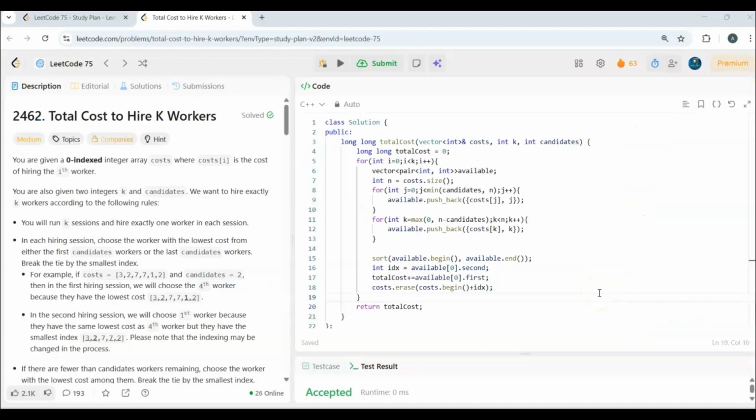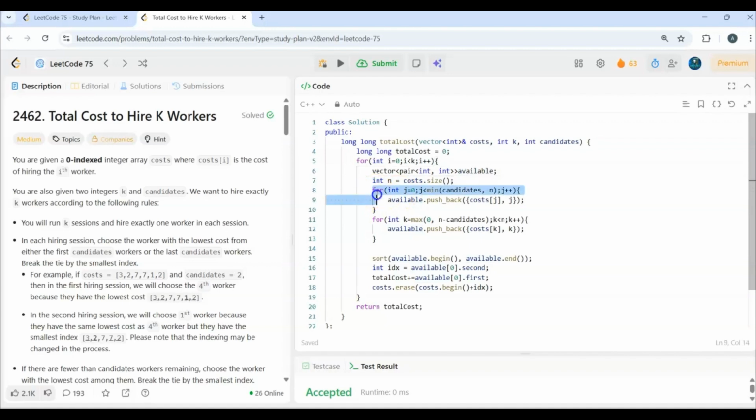So here's the code for our brute force approach. Here, instead of creating two different groups, that is from first candidates and the last candidates, and sorting them and comparing their values and adding it to our total cost, what I've done here is to store all those values and insert them inside our available vector. So here I'm pairing those cost values as well as their index inside our available vector.